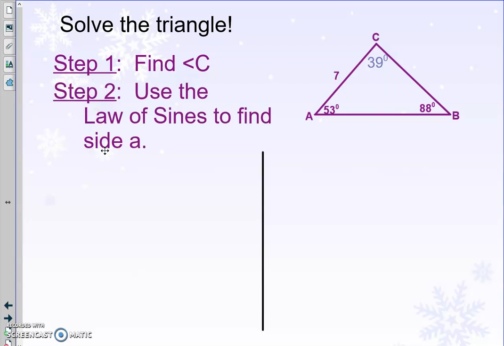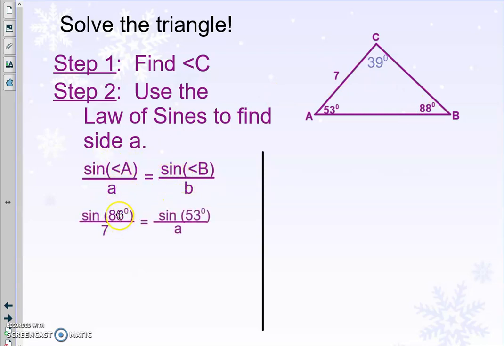So the first thing I do is I identify my anchor. And the anchor is where we have both an angle and the opposite side. So in this case, when I go to fill in my numbers in the law of sines, I use 88 degrees and 7 because that anchors the problem.